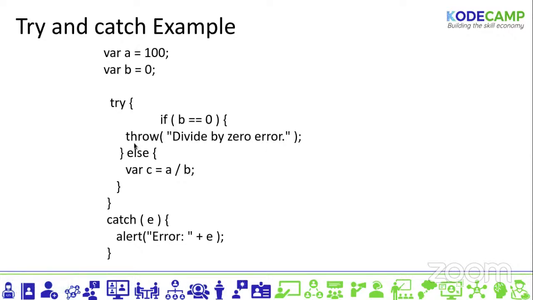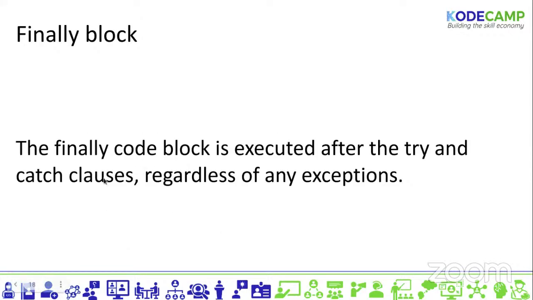Apart from throwing the error here, if there was an error that happened because of your syntax inside this try block, that error would automatically be thrown, and then this catch statement can catch the error, and then you can show the error to the user or do whatever you want to do with that error. So you guys should just look at the code. I hope it's clear.